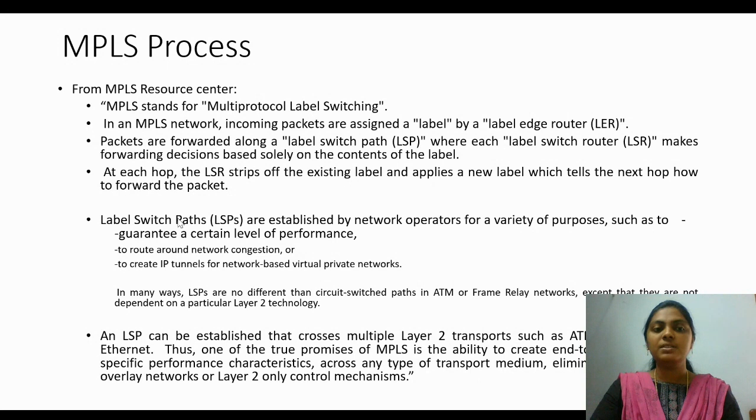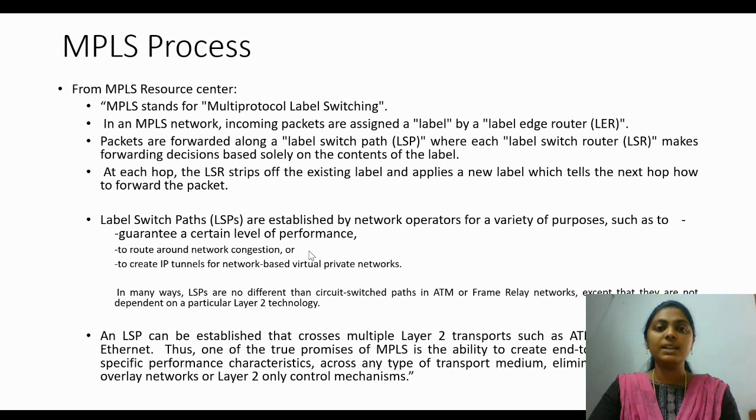Here, what is the use or benefit of this label switch path? The LSPs are established by the network operators, and you get a lot of advantages. Three of the advantages include, first, guaranteeing a certain level of performance. Second, to route around network congestion, since the label switch router takes a decision based on the current scenario among the available links, it can avoid the path which is already congested.